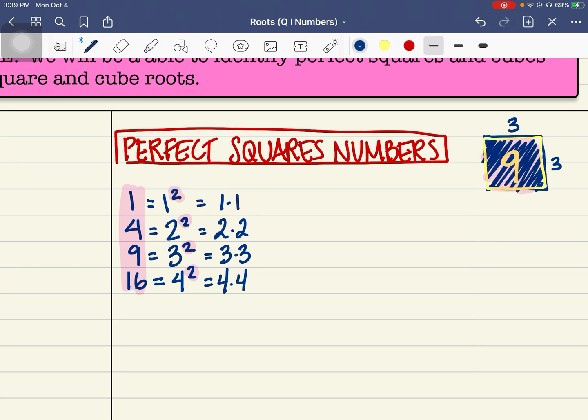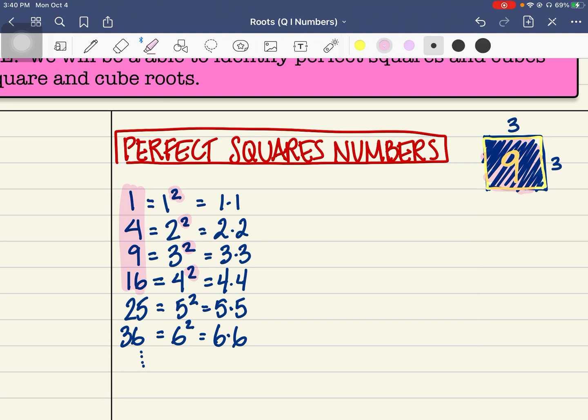The next one would be whatever 5 squared is, or 5 times 5, which is 25. 6 times 6, or 6 squared, is 36. And we can keep on going. This pattern keeps on going forever. So perfect square numbers are made up of multiplying integers by themselves, so they have the same two factors.